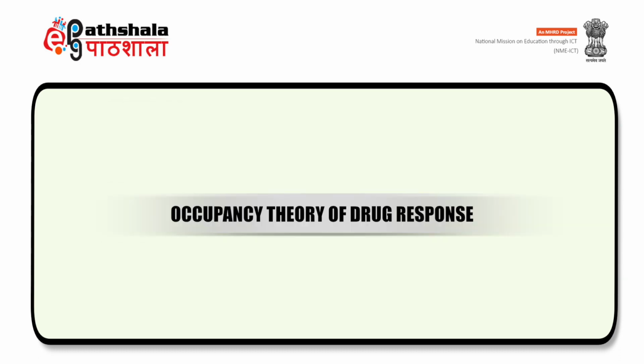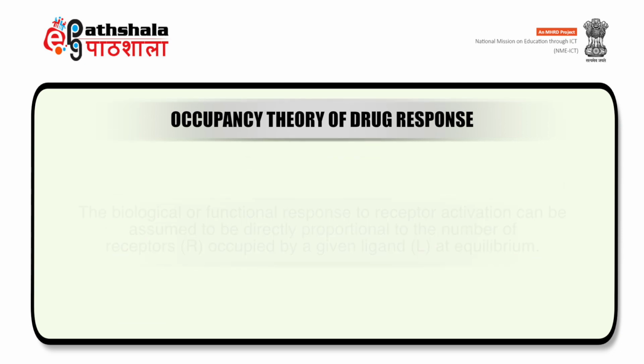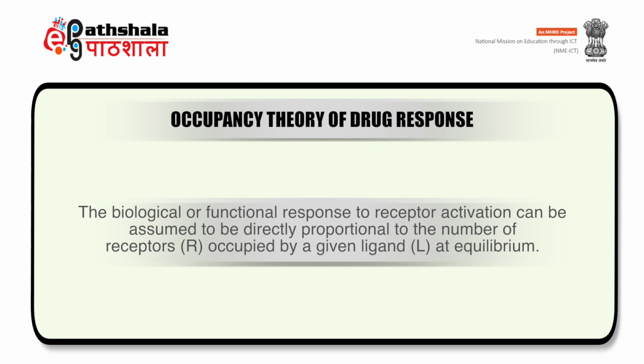Now we will be discussing the occupancy theory of drug response. What is this occupancy theory of drug response? It is the biological or functional response to receptor activation that can be assumed to be directly proportional to the number of receptors occupied by a given ligand at equilibrium.